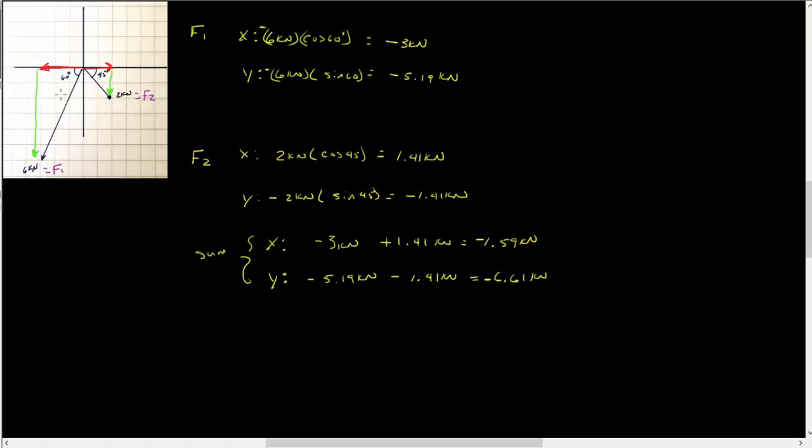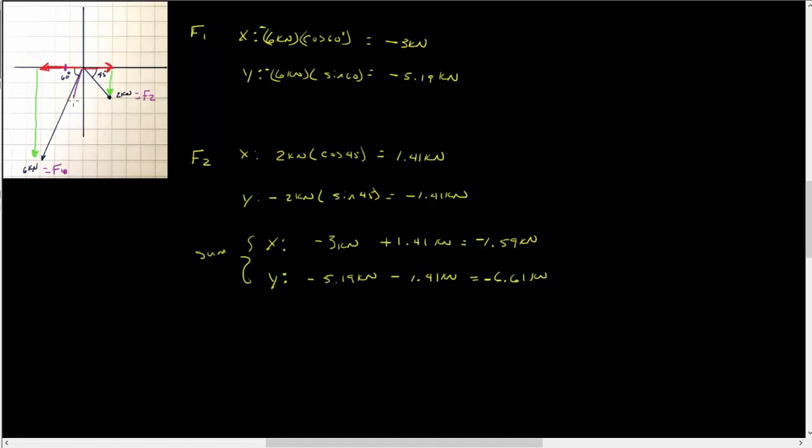So coming back to my figure here, these are my new components from my force resultant, and I can actually draw them back up here. So I can say, okay, my x, I'm going to go negative 1.59, so I'm going to be about there. And then 6.61, I'm going to go down, so I'm going to be somewhere down here.